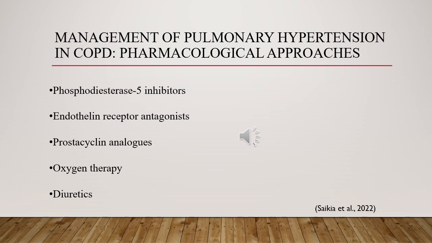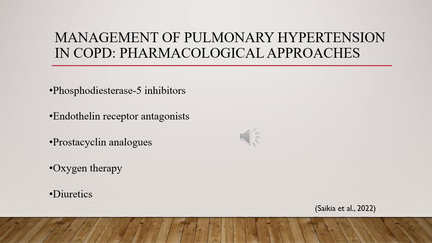Endothelin receptor antagonists like bosentan are another important class of drugs that block the effect of endothelin, a substance that causes blood vessel constriction in the lungs. These drugs help to decrease pulmonary vascular resistance and prevent further damage to the right side of the heart.